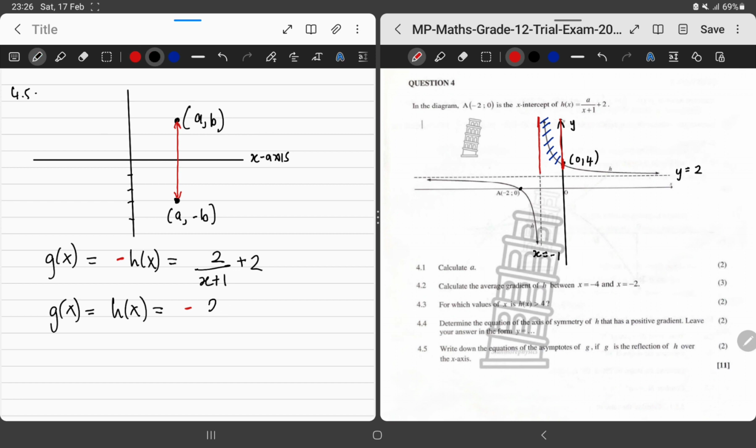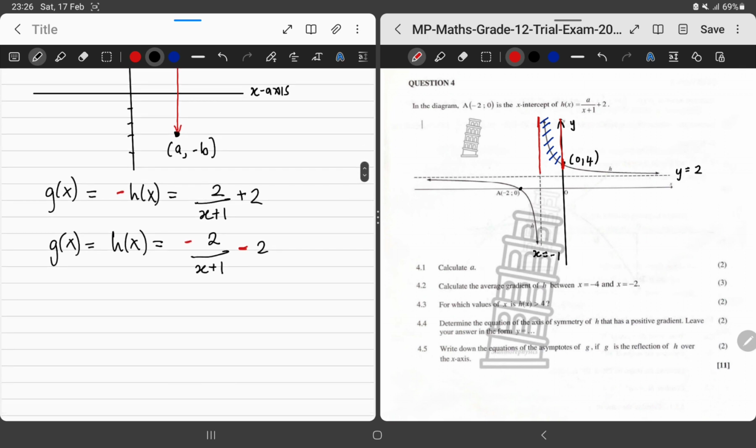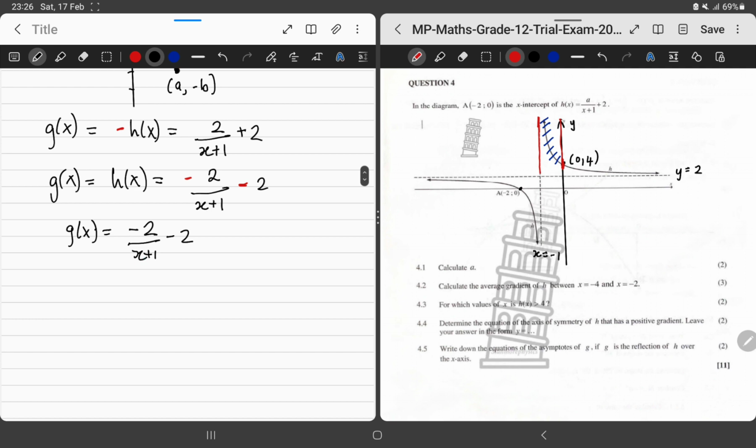So I would have -2 over x plus 1, and then the negative will also go there, minus 2. Okay. So we can see that my g(x) will be given by -2 over x plus 1, minus 2. So the vertical asymptote doesn't change. x is still going to be -1, but the y now will be equal to -2.